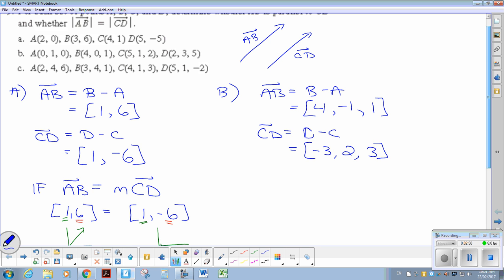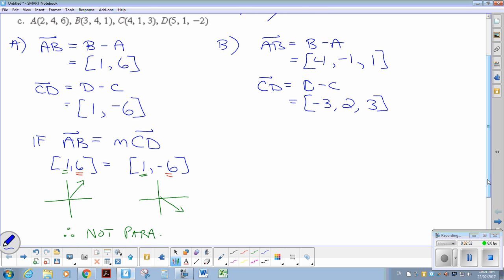So this one you might be thinking, okay, I can tell right away. If you're not sure, this is what I would recommend. Vector AB is equal to, and to make the comparison easy, I want a 1 in the X coordinate for argument's sake. So I'm going to factor out a 4, which would leave me with (1, negative 1/4, 1/4).